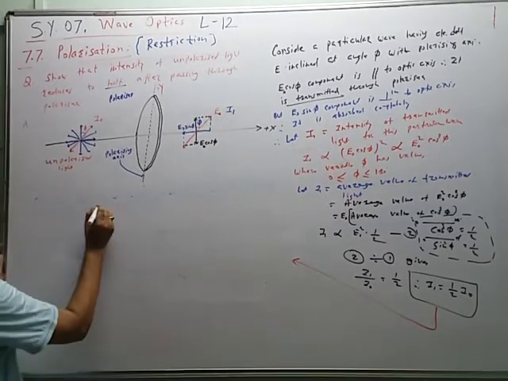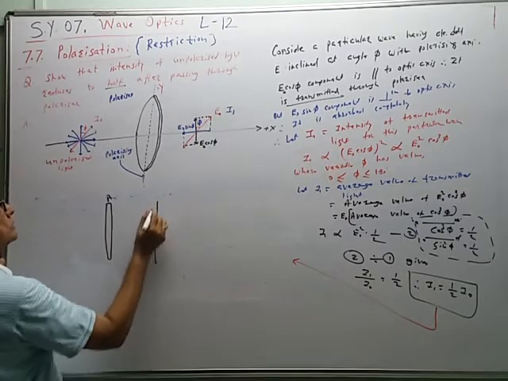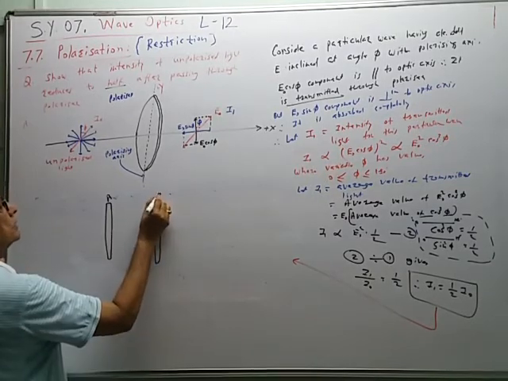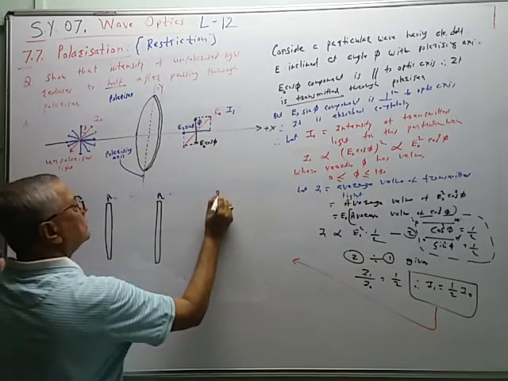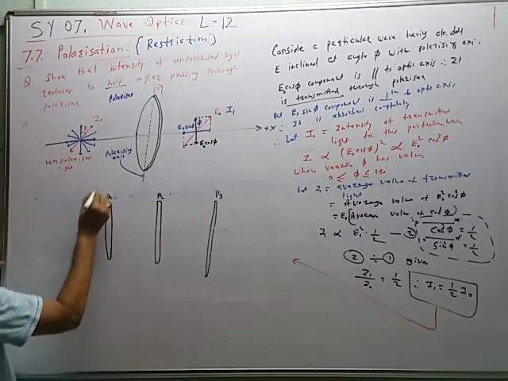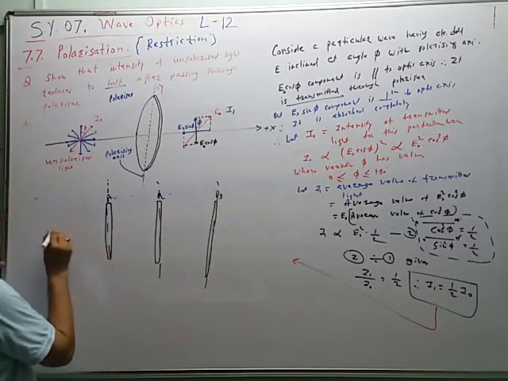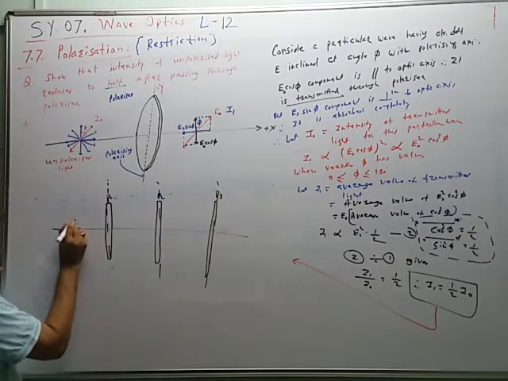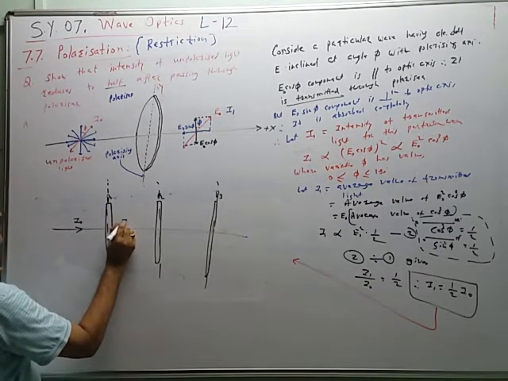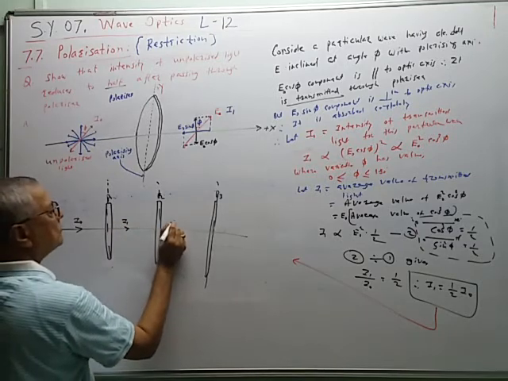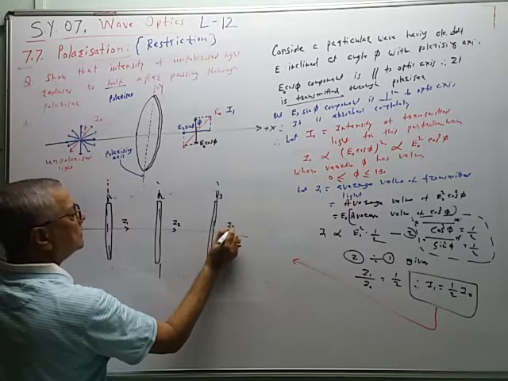Suppose this is a polarizer P1, this is a polarizer P2, this is a polarizer P3. So their axes are parallel. So if the incident light has intensity I0, then the light transmitted from P1 is I1. The light transmitted from P2 has intensity I2. The light transmitted from P3 has intensity I3.